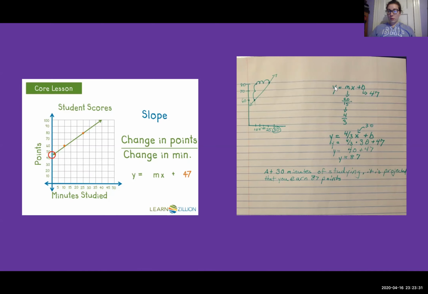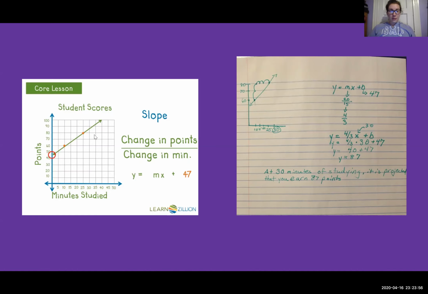Using y equals mx plus b, where m is my slope and b is the y-intercept, I get y equals 4/3 x plus b, and my b is 47. So those are the first couple lessons that we've gone over, and now we're reviewing the predictions.